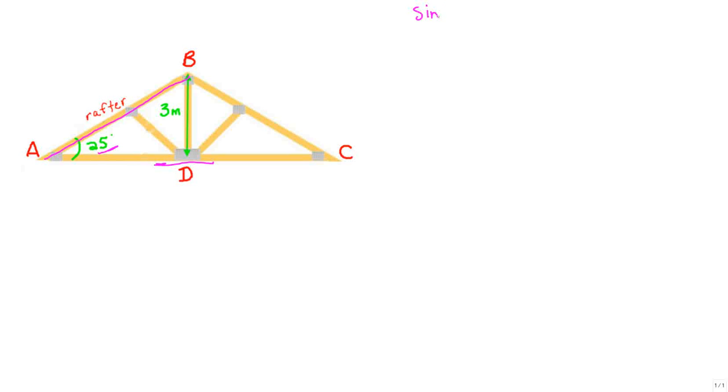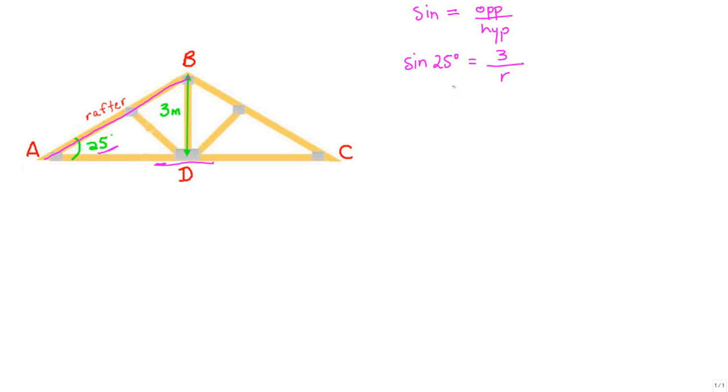So sine equals opposite over hypotenuse, and we have sine of angle A, which is 25 degrees, is going to equal the opposite, which is 3 meters, over the hypotenuse, which is our rafter, which is what we want to calculate. So we're just going to use R for rafter.